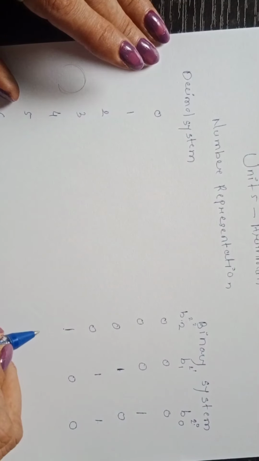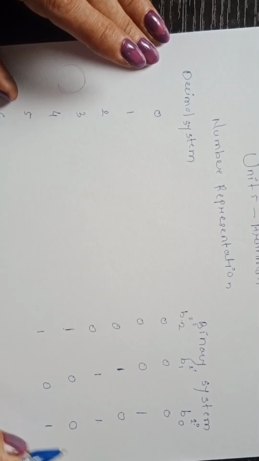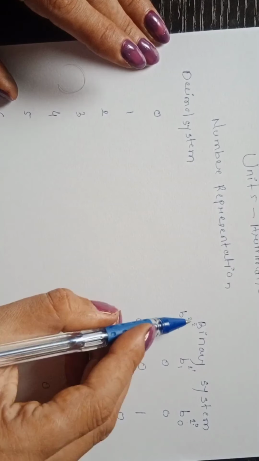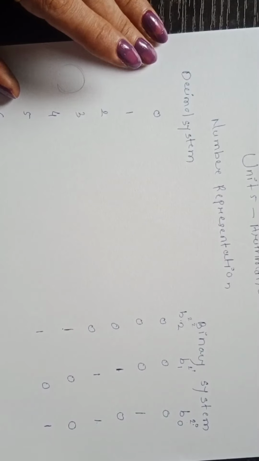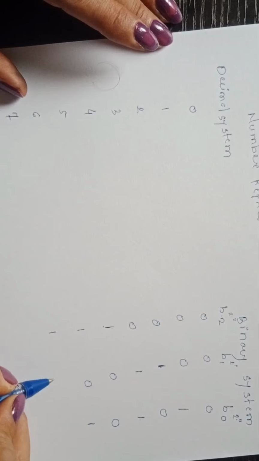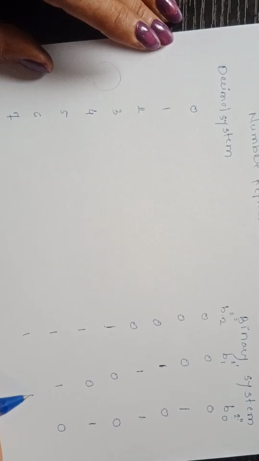That's why this bit will become 1. Then 5, that is 1 0 1. Now how do we get this? 2 to the power 0 is 1, 2 to the power 2 is 4, 4 plus 1 is 5. That's why it is 1 0 1. Then for 6 it is 1 1 0, and for 7 it is 1 1 1.